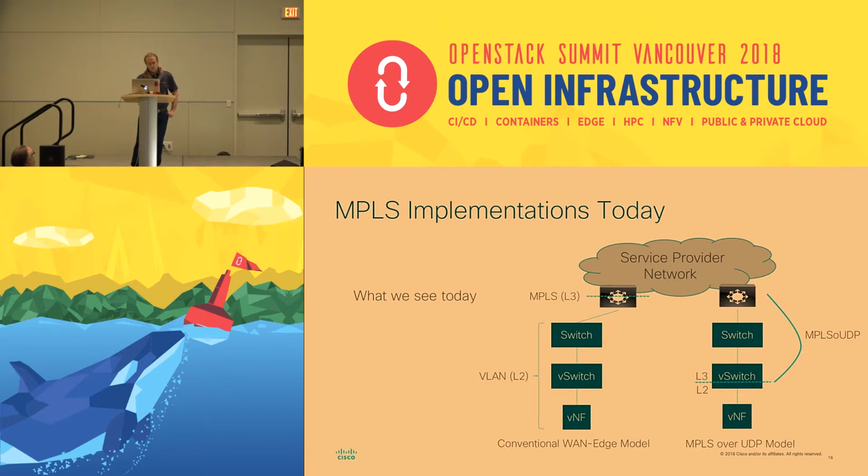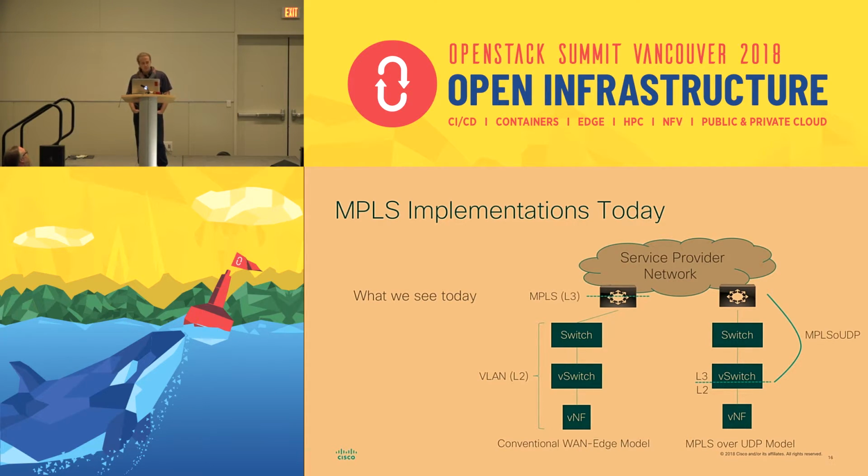So this is one of the possible implementations we have today with MPLS in the cloud, MPLS with OpenStack's BGP VPN API. The first one is the conventional model, what I just explained, where we have MPLS termination on the PE, and then everything below that is standard DC networking.